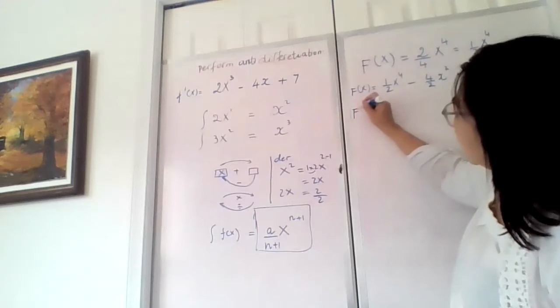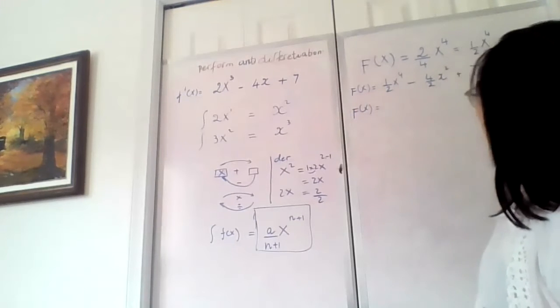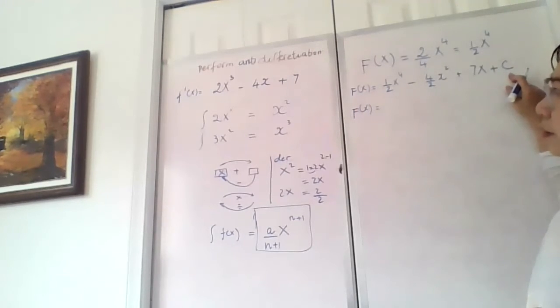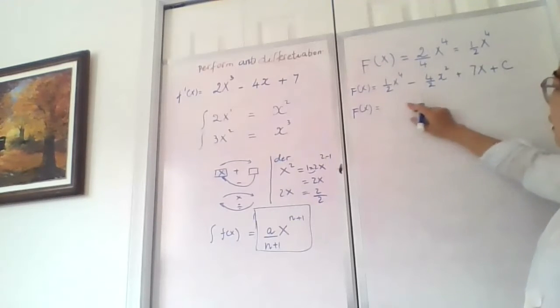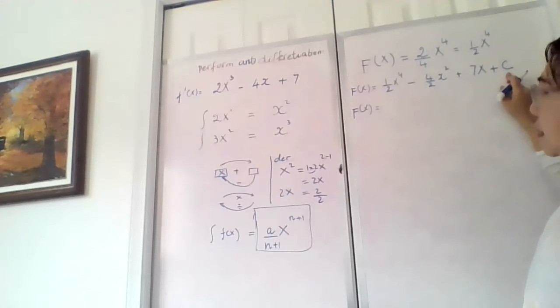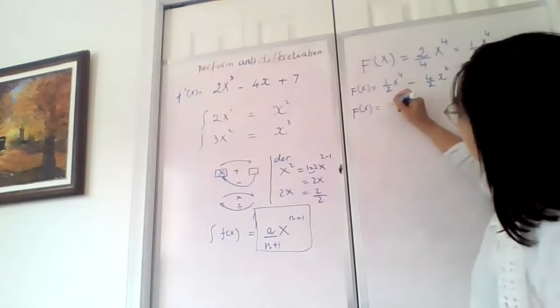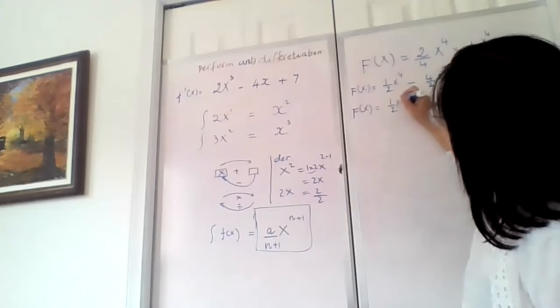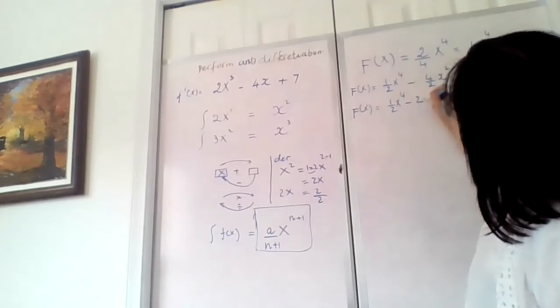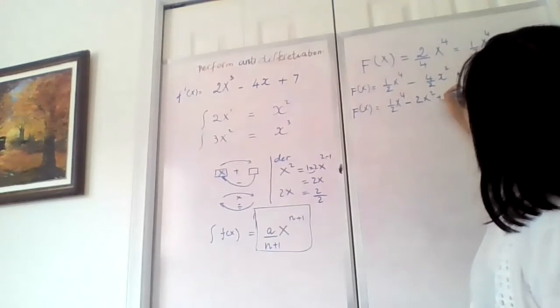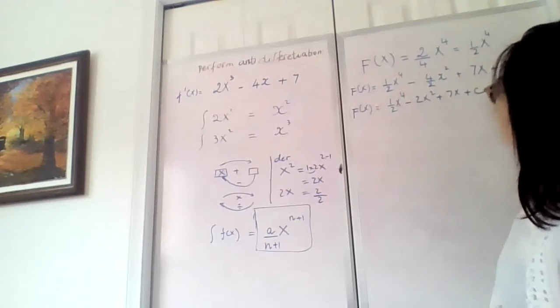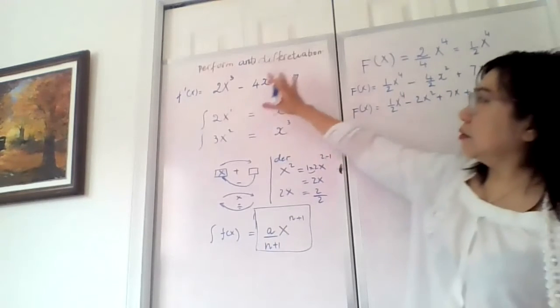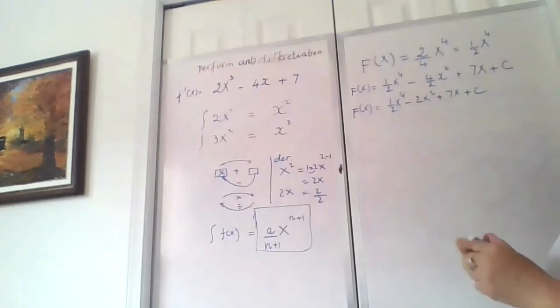Let's say any antiderivative, all we're adding is the constant c at the end. So this function is 1/2 x to the power 4 minus 2x to the power 2 plus 7x plus c. That is the answer for this antiderivative of the function.